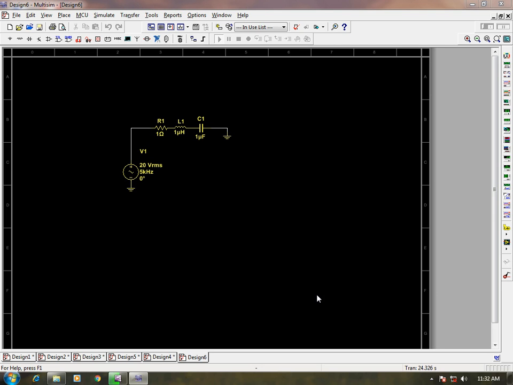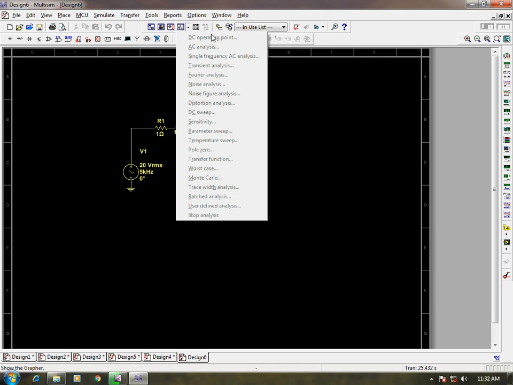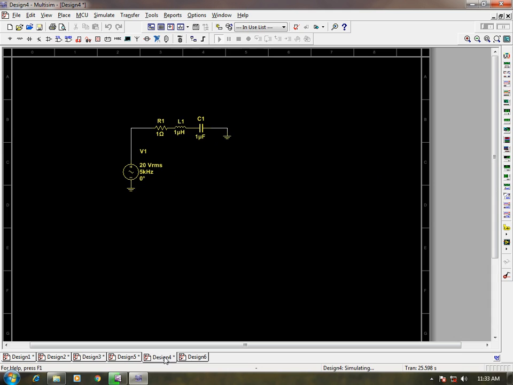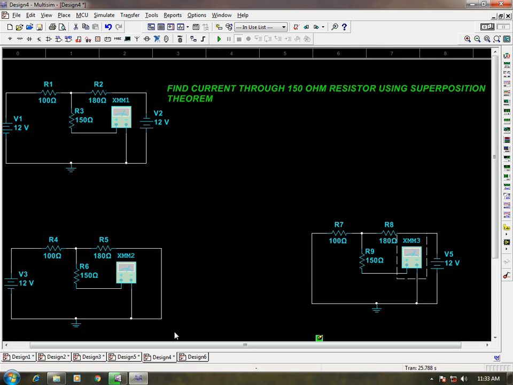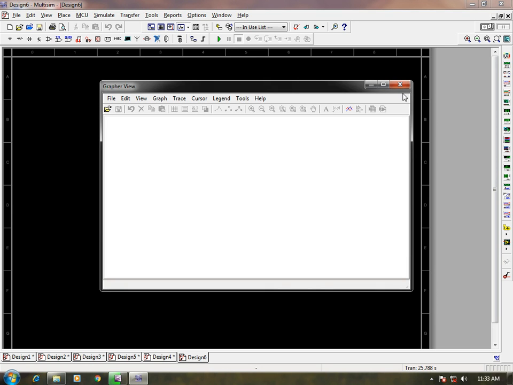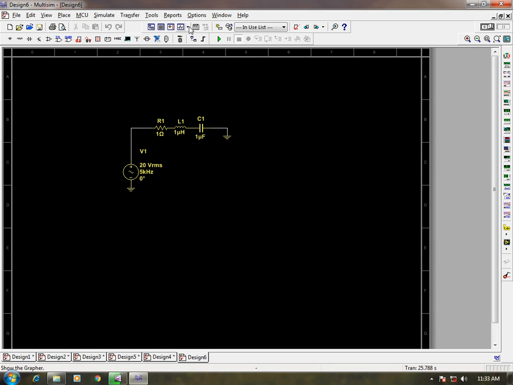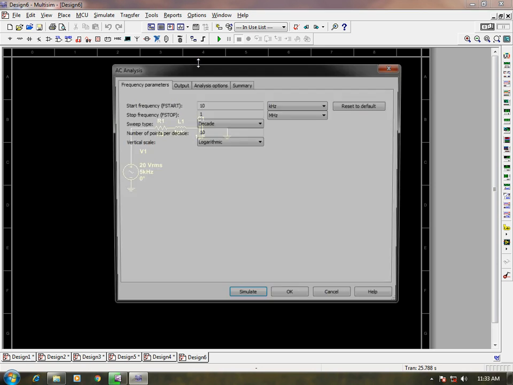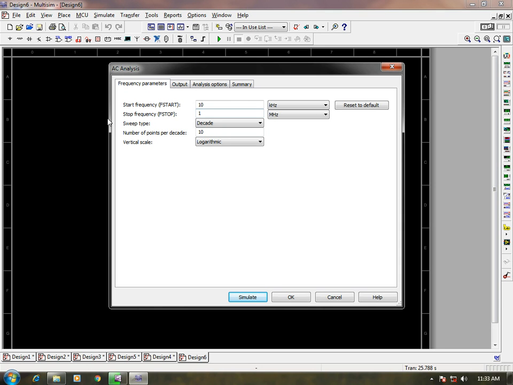Now, for making this analysis proper, we will go into the grapher, going to AC analysis. Choose the start and stop frequencies properly.